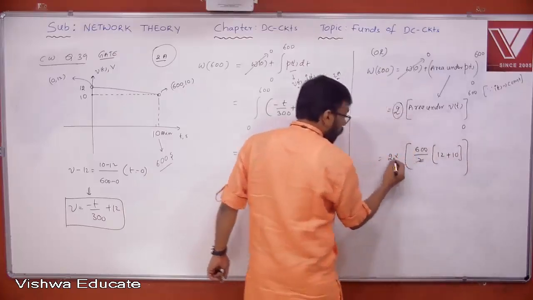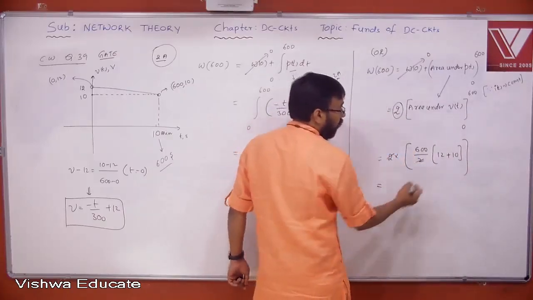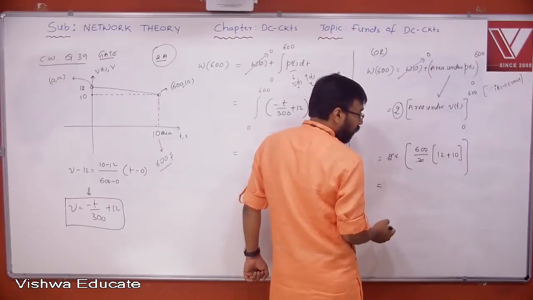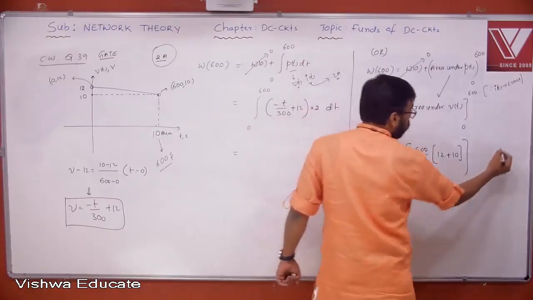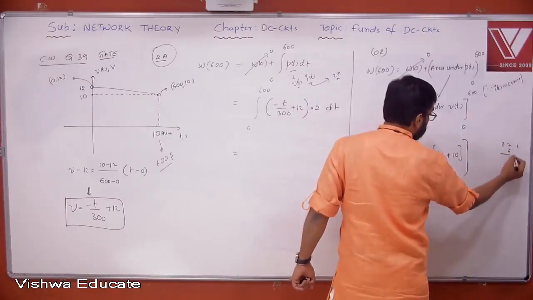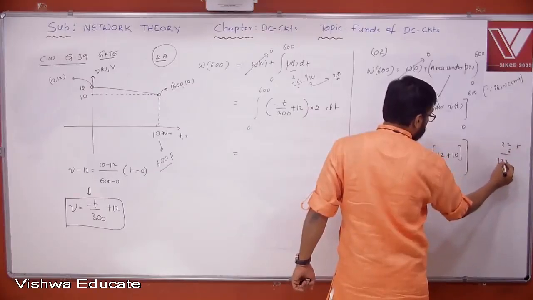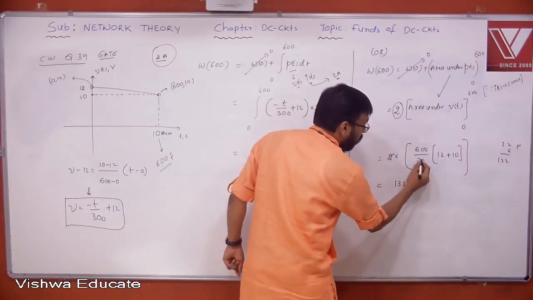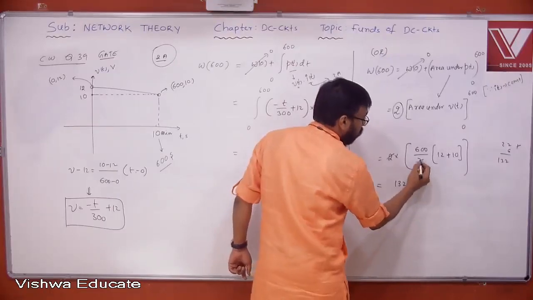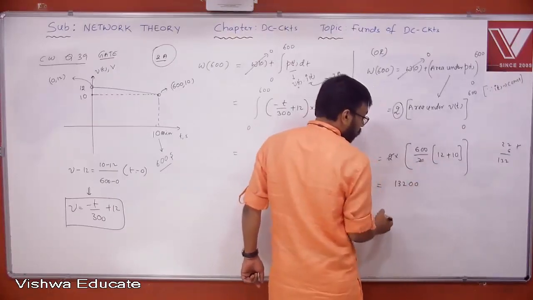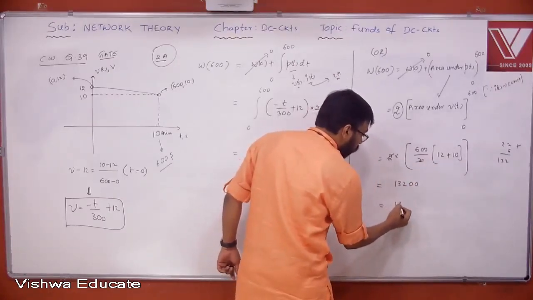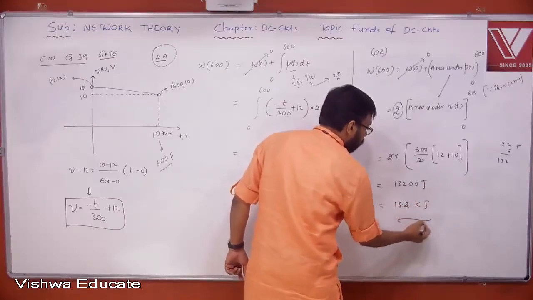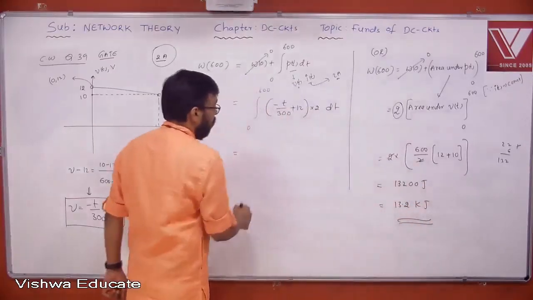So the 2 gets cancelled here, and you get 22 into 6, that is 132. So can I say it is 13.2 kilojoule? You get the same answer when you integrate here also.